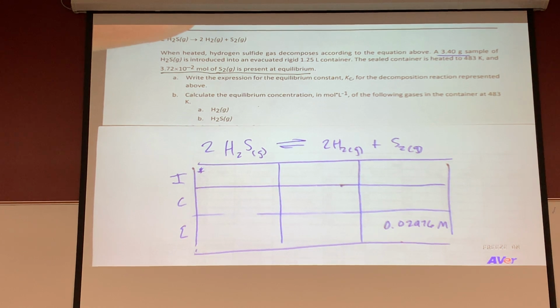Do I multiply it by 2? No, because you account for grams per liter, and the x's will account for that there. So grams to moles, and then over the 1.25 liter.